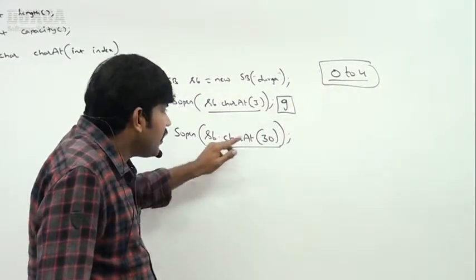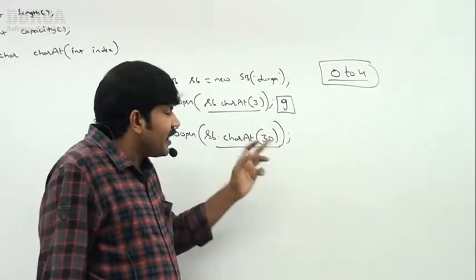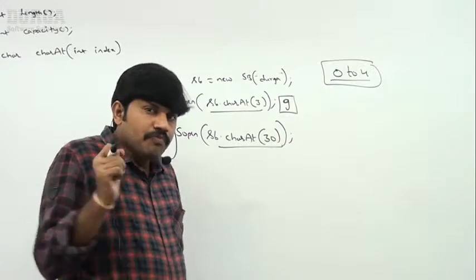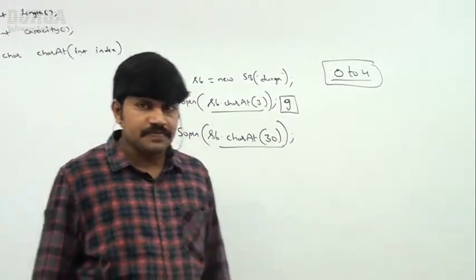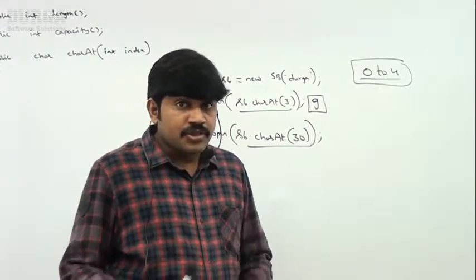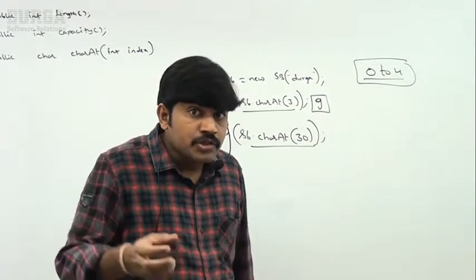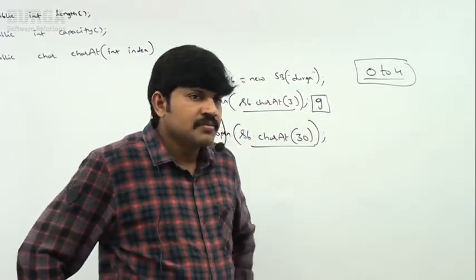Now sb.charAt(30): which character is located at index 30? Index 30 is not there. That's why immediately we are going to get an exception. Can you please tell which exception we are going to get? StringIndexOutOfBoundsException or StringBufferIndexOutOfBoundsException?